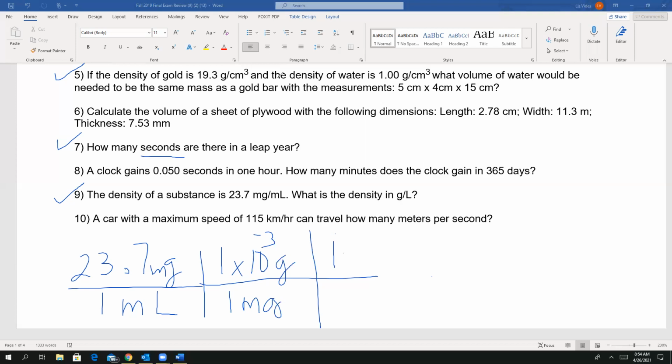All right, now we need to change the milliliters. So we say 1 milliliter is equal to 1 times 10 to the negative 3, no, positive 3, sorry. What is it? I'm backwards today. Positive 3 liters, right? No, it's not. It's negative 3 still. I was right.